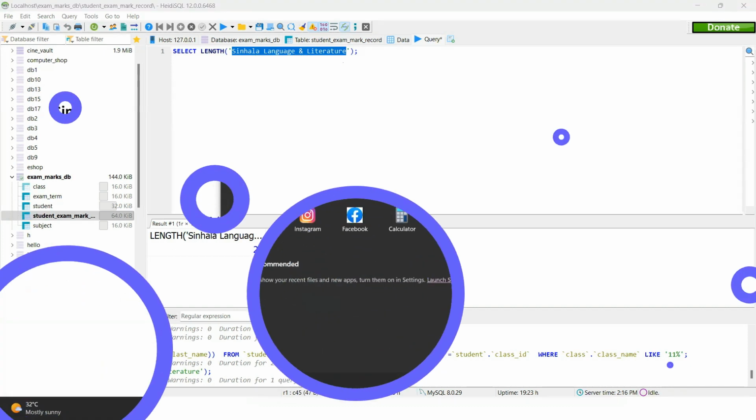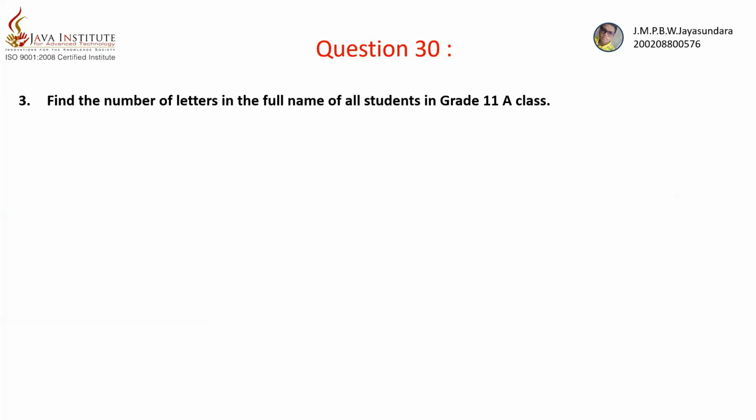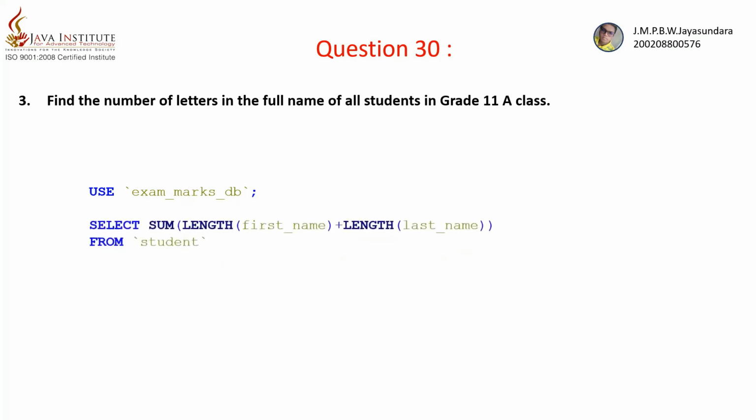So let's go back. Here we have our third question. It says find the number of letters in the full name of all the students in the grade 11A class. First we have defined the database. After that we have used the select query, in which we have said select the sum of the length of first name and length of the last name from the student table.